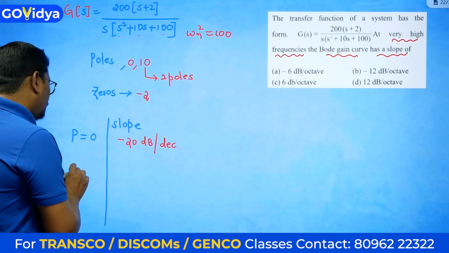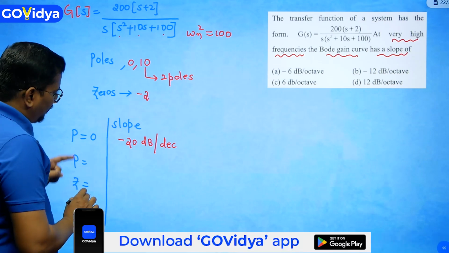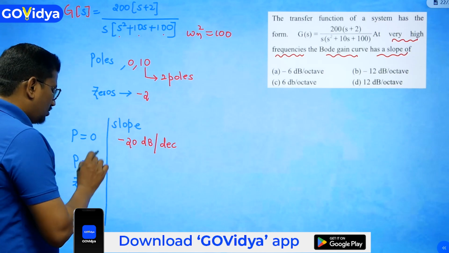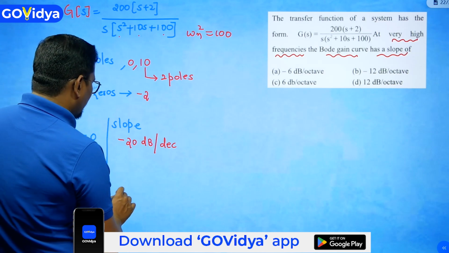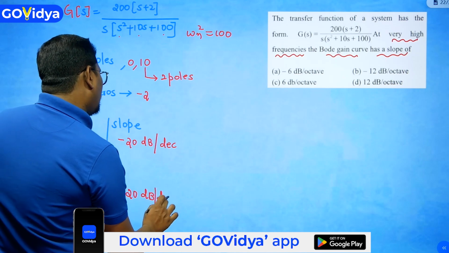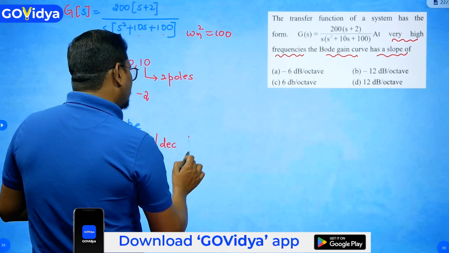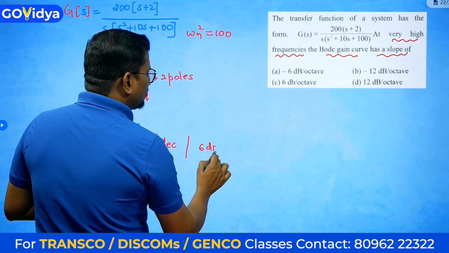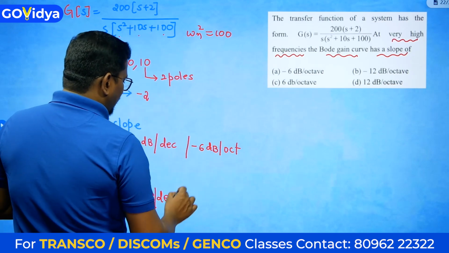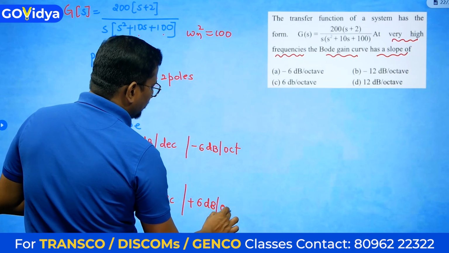Now another pole and another zero. The minimum corner frequency here is at 2. At the corner frequency 2, the slope is plus 20 dB per decade. Here they have given octaves, so minus 20 dB per decade is minus 6 dB per octave, and plus 20 dB per decade is plus 6 dB per octave.